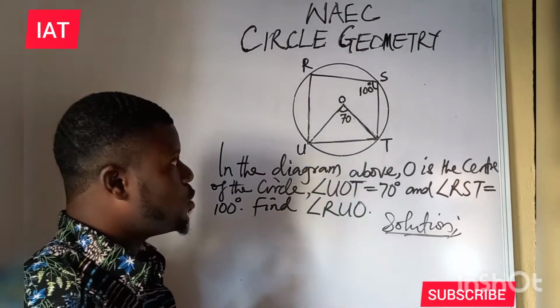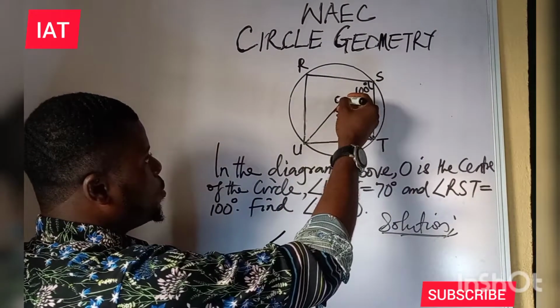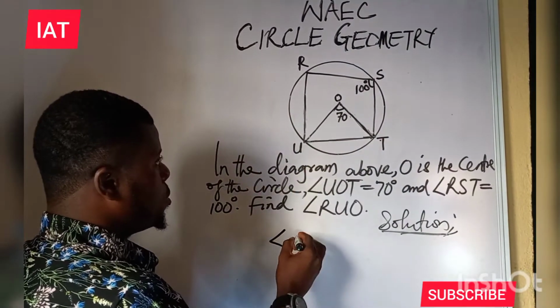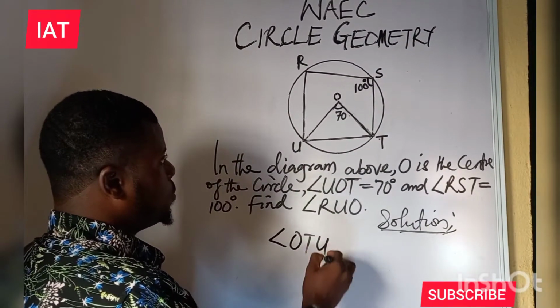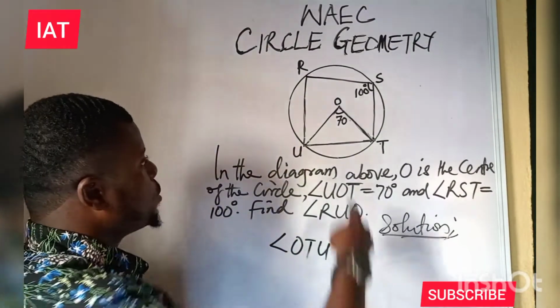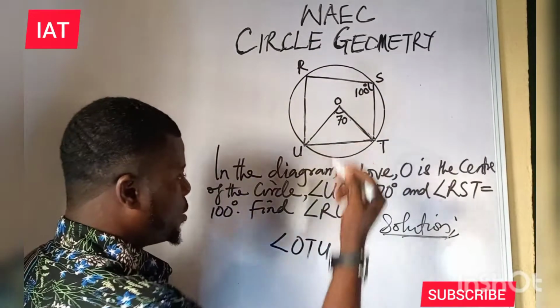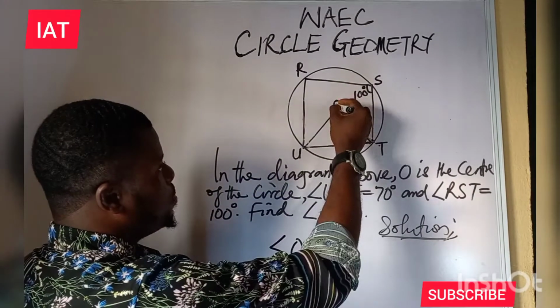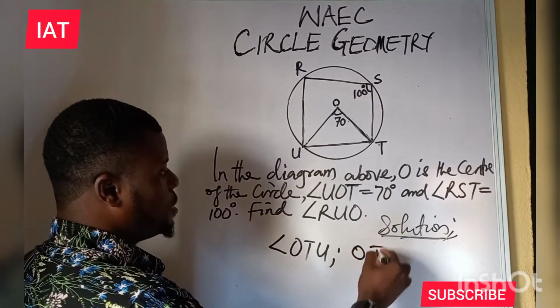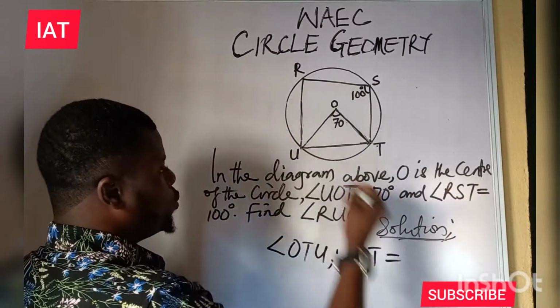So we'll first consider this triangle OTU. This is an isosceles triangle, and because it is an isosceles triangle, it means that line OT must be equal to line OU.